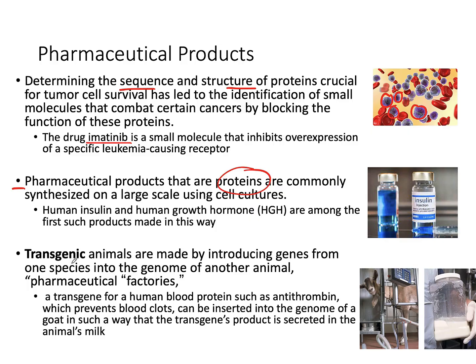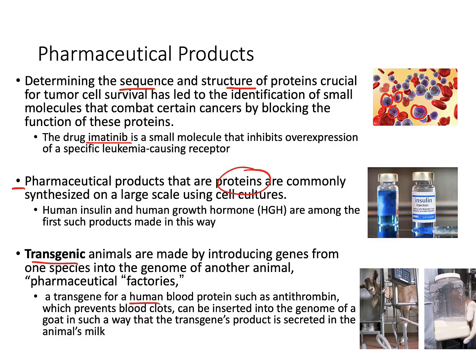Another type of pharmaceutical product is called a transgenic animal. This produces farm animals, "pharm" animals, quote unquote, where we insert a gene for a human protein into the animal and allow them to produce that for us.